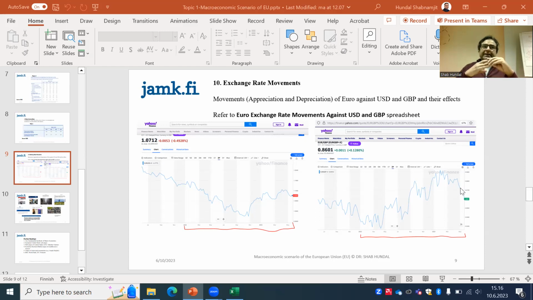Which means that despite the possibility of domestic decline or lack of supply of essential goods, it can be met by imports because of the rising value of the euro against the USD and the Great Britain pound.